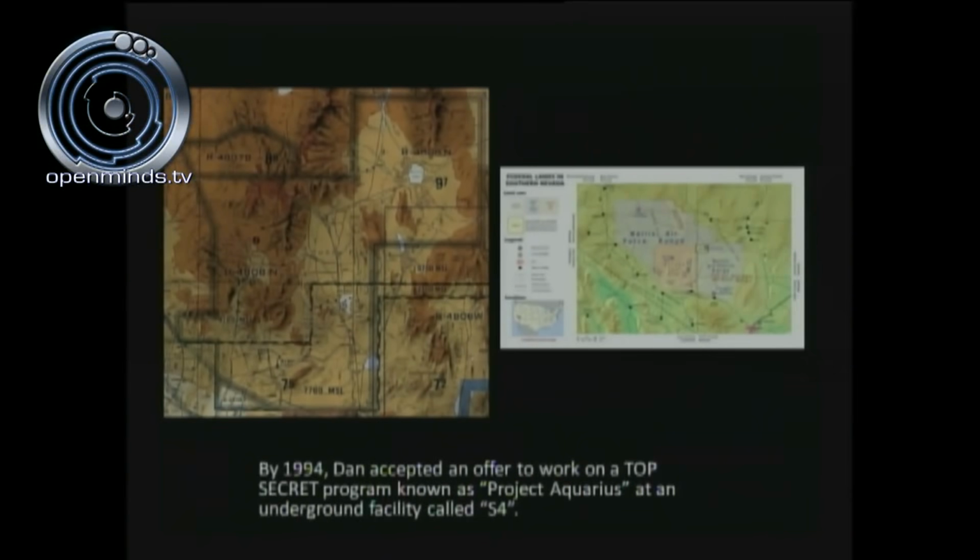Now, in 1994, he received his Q clearance at S4, and he began working on something called Project Aquarius, and I will draw your attention here to the aircraft sectional chart that anyone can get at any local airport. This is something that's readily available. And if you look up here on the right-hand corner, you've got R-4808N.